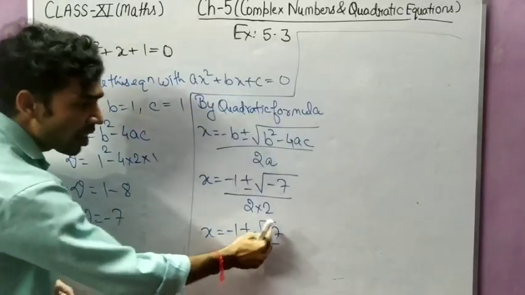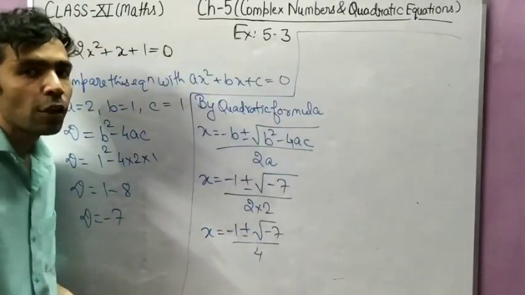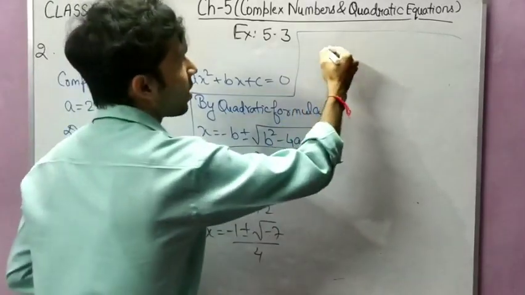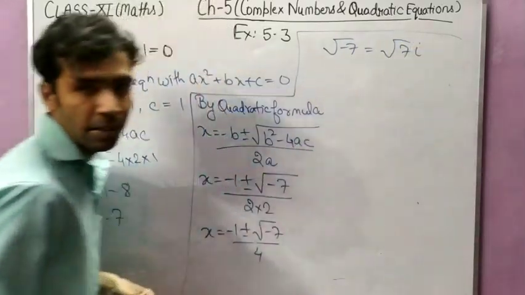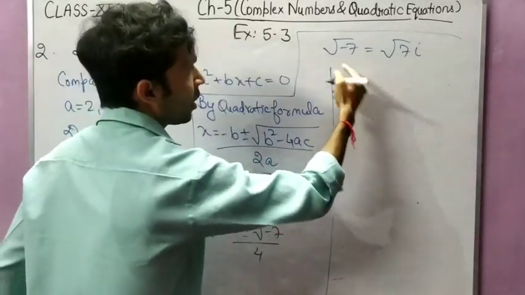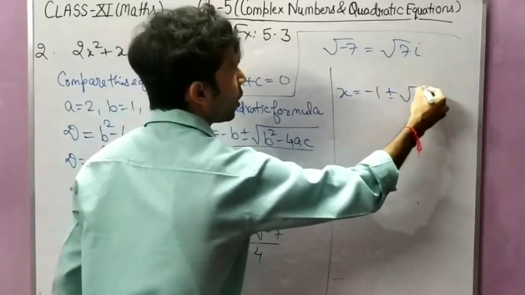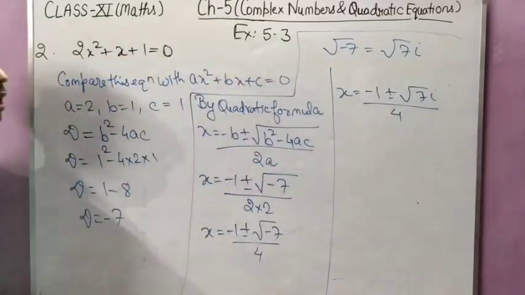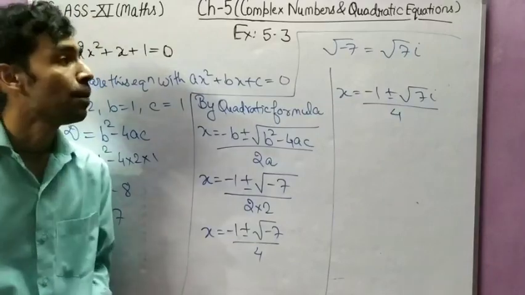So √-7 can be written as √7 i. In place of √-7, I can write x = (-1 ± √7 i) / 4. That will be the solution of question number 2 of exercise 5.3.